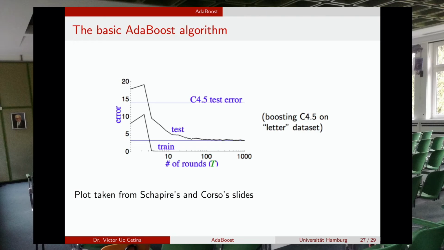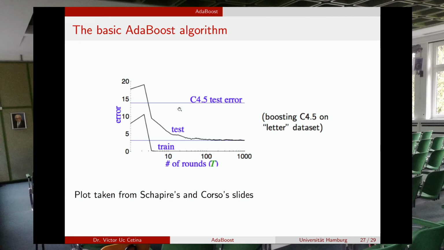Now this is a plot of some comparison made by Schapire and Corso. Here in this plot, what you see is an AdaBoost implementation using as weak classifiers the decision tree algorithm, which is called C4.5.